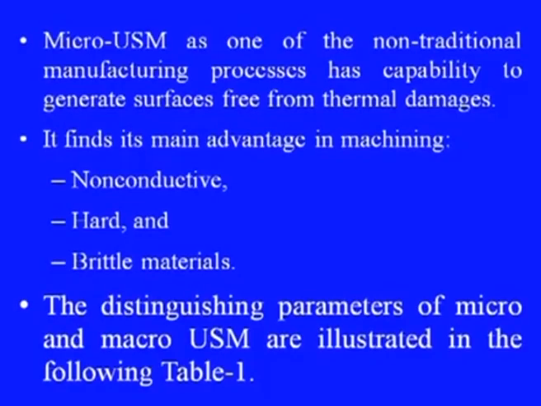Micro USM, as one of the non-traditional manufacturing processes, has the capability to generate surfaces free from thermal damages. This is one of the biggest advantages in applying this ultrasonic micro machining process.